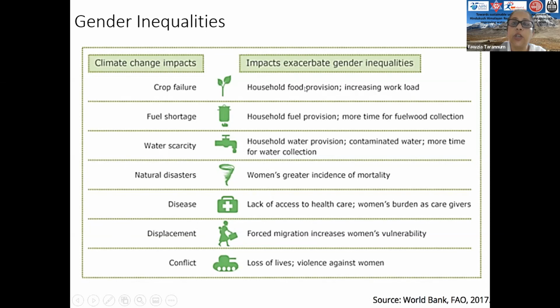Whether it's food provisioning, increasing workload, fuel shortage, more time for fuel collection, or water scarcity, especially in your Himalayan region, because the springs have started to dry up, women have to travel longer distances in search of better springs.